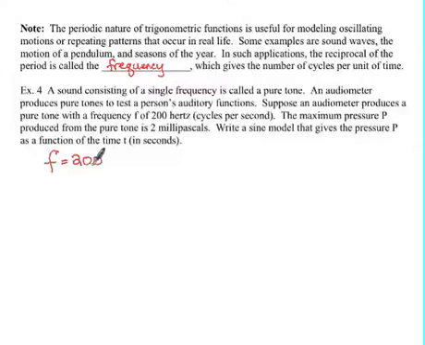Write a sine model that gives the pressure P as a function of the time t. So we want to have a function, instead of it being y and x, we're going to do it in terms of t and p of t. So I have a function that's the pressure P in terms of time.